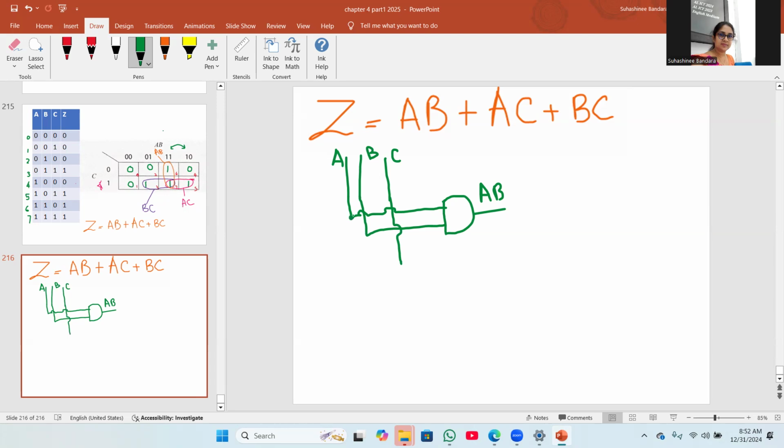If you are taking current, make it a little bit darker. AC. Then BC.